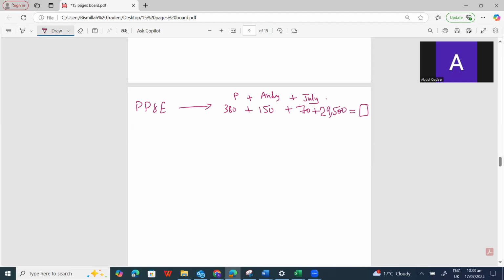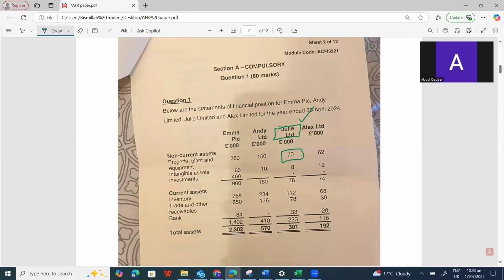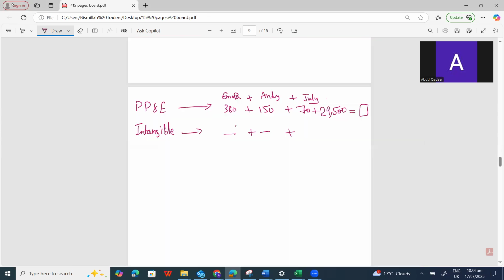Similarly, when it comes to intangible assets, for the parent, Emma is the parent, Emma plus Andy, and we have calculated for Julie intangible assets. We are moving towards intangible assets, here 8, and plus we know 29.5.